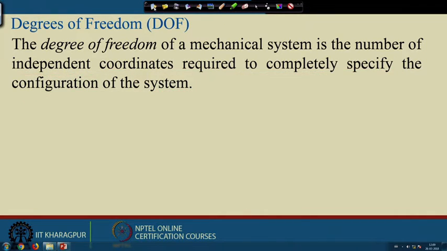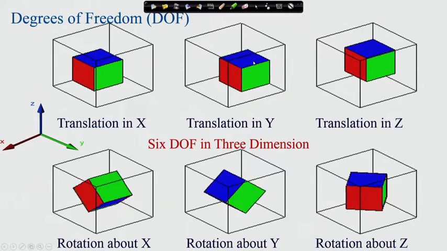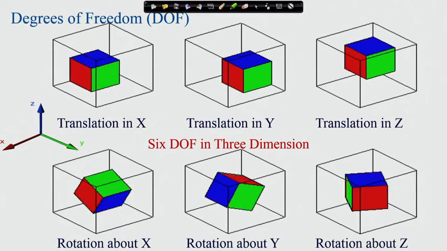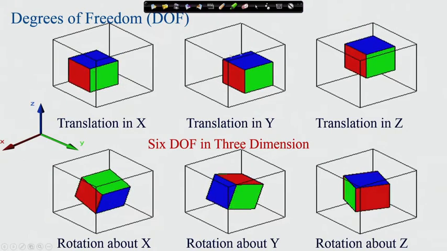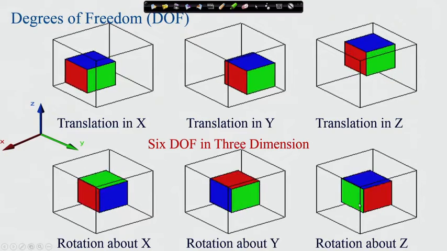These are different degrees of freedom in 3 dimensions. Just now I showed you there are 3 translations, and then rotations about 3 axes.